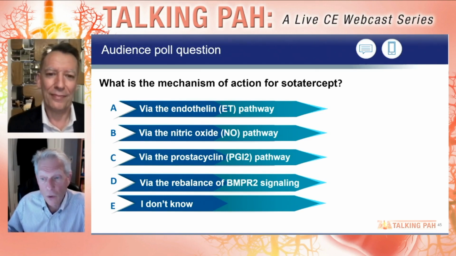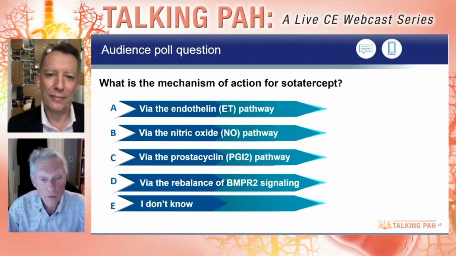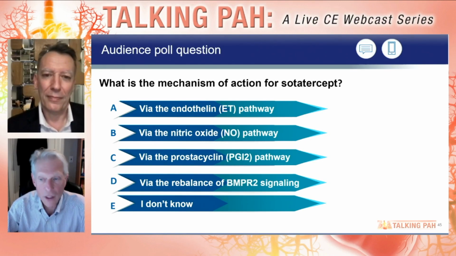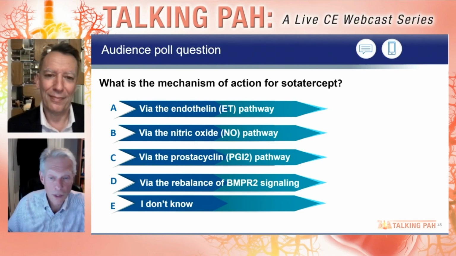To the other part of your question, as far as when to use a prostacyclin, I really am aggressive with the use of prostacyclins. I don't want to wait for that patient to go into heart failure to start it. I want to really aggressively start it at an early functional class 3 and really titrate it aggressively with a goal that maybe over time I can see significant improvement, and even then consider switching somebody from a parenteral to an oral or inhaled formulation to make their lives easier.